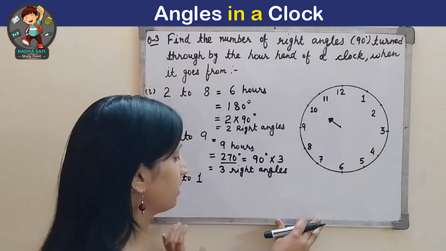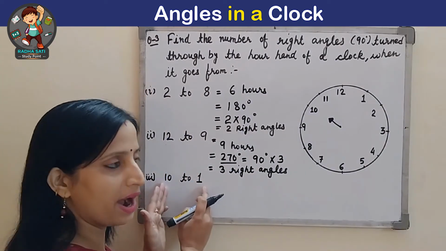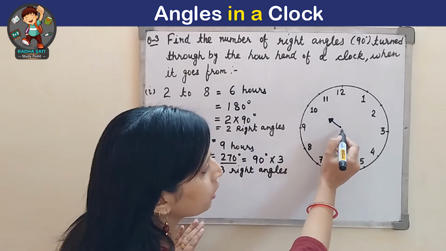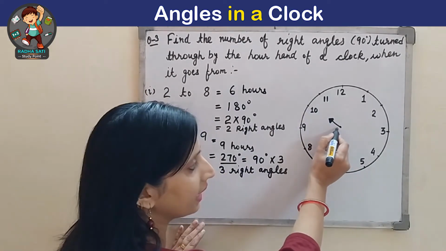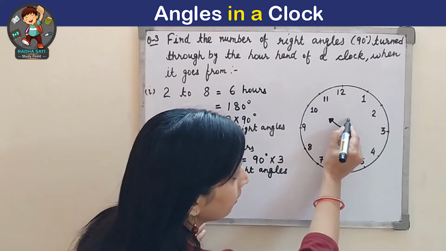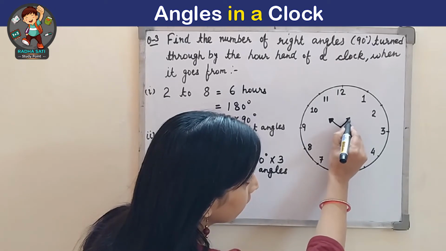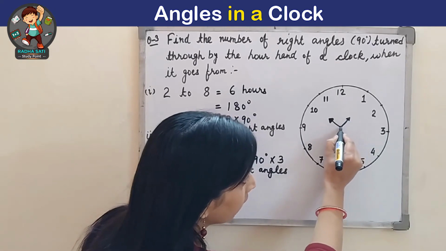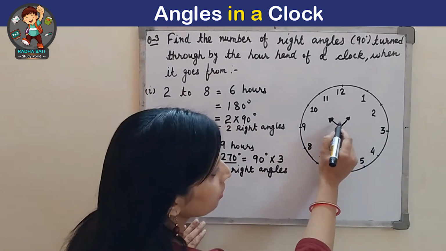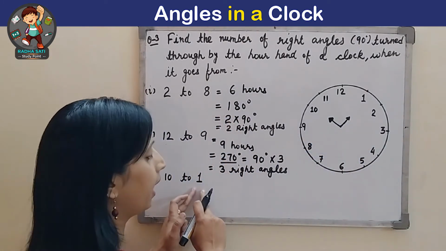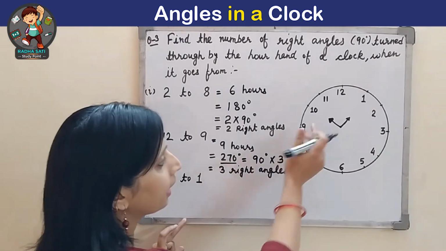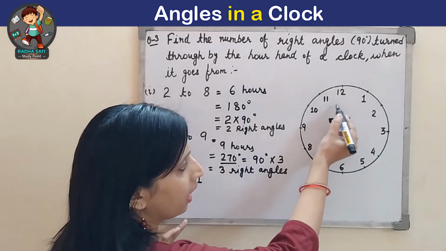Now the next is from 10 to 1. So here again in this clock, the hour hand is at 10, and when it moves to 1, we have to find out the number of right angles. So from 10 to 1, we know that there are 3 hours in between 10 and 1.